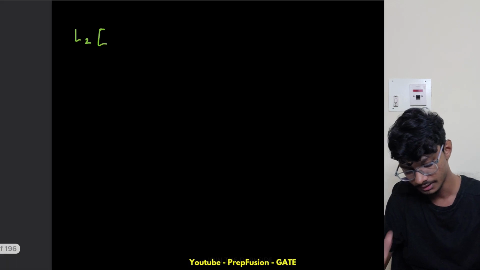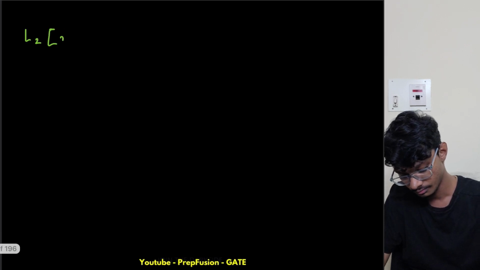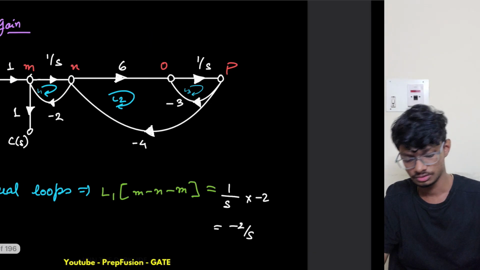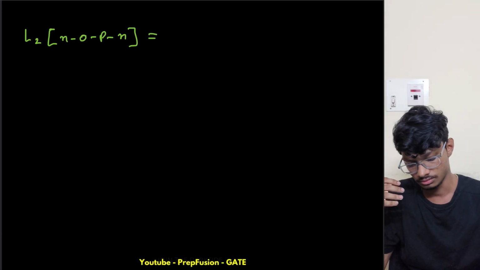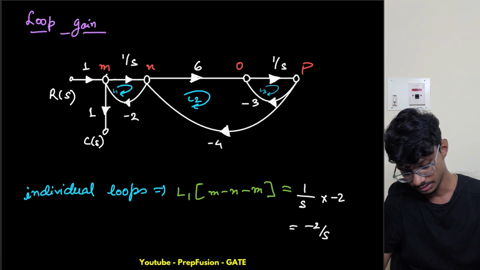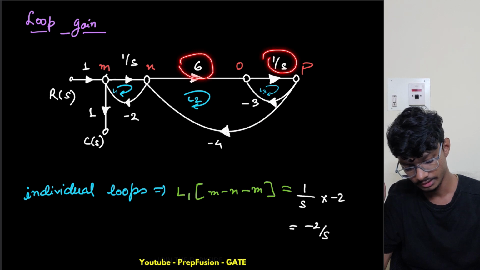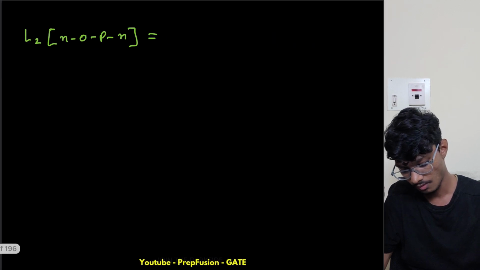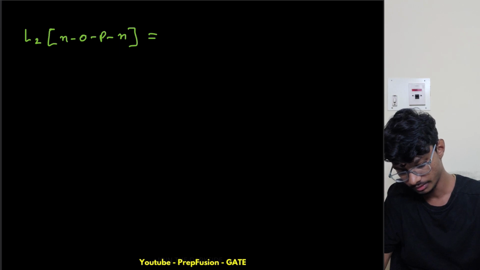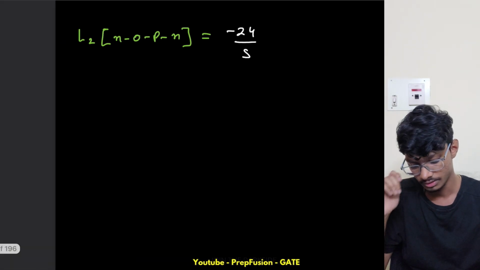L2 is simply this N, O, P and then N again. So this is L2. Now this is going from here to here, so the gain is 6 times 1 by S times minus 4, so minus 24 by S simply. Okay, now what is L3?